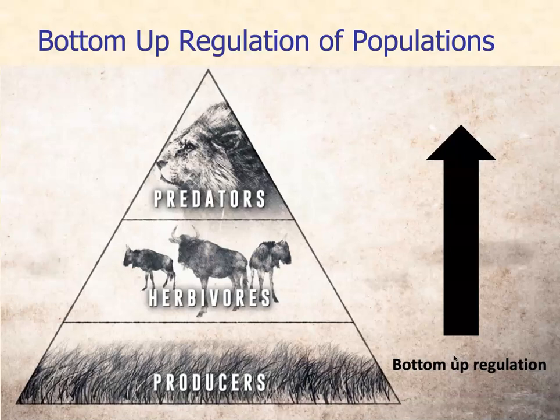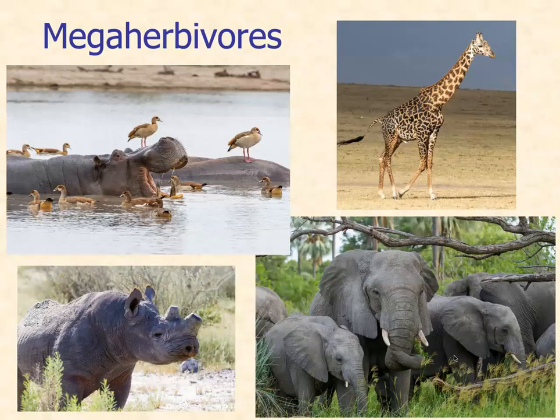Bottom-up regulation is when the amount of food available is going to determine how many herbivores you have in your ecosystem. And some examples of bottom-up regulation are what are referred to as the large herbivores in the African savanna, or the mega herbivores. On the top left, you see a hippo.